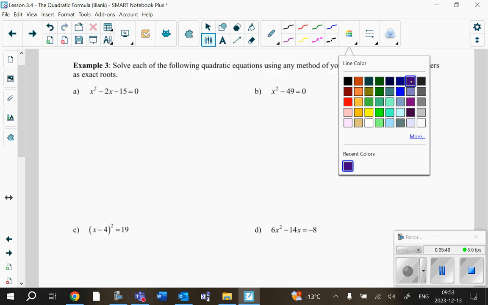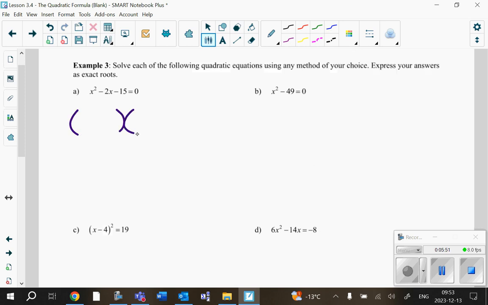Everything's already on one side. So we know it's going to be x and x, and we are looking for two numbers that add up to negative 2, but multiply to negative 15. Juliana? 5 and 3? Not quite. Negative 5 and positive 3.